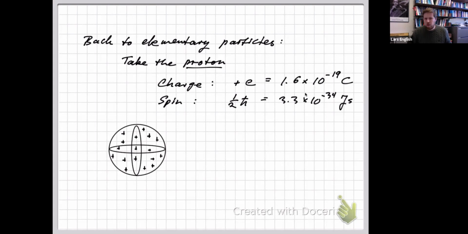So this is obviously not the modern picture of a proton. A proton isn't even really an elementary particle, but is made up of quarks, the up and the down quarks, 3 quarks. And so it's not a uniformly charged sphere. It has charge centers.